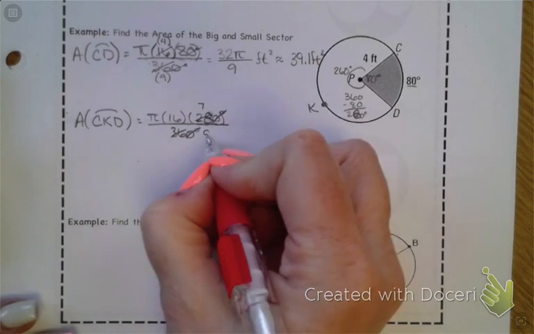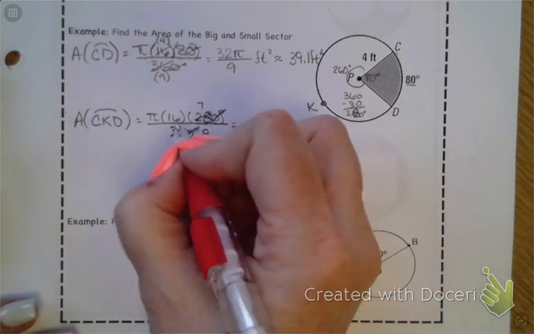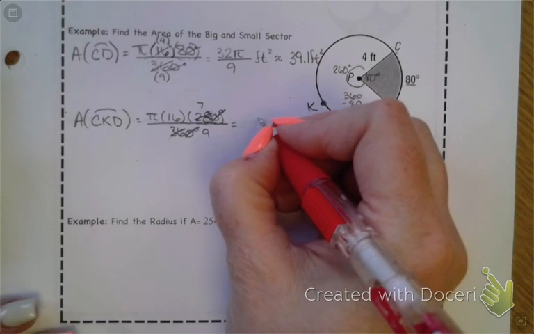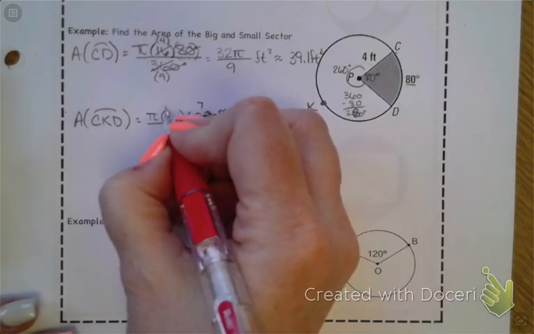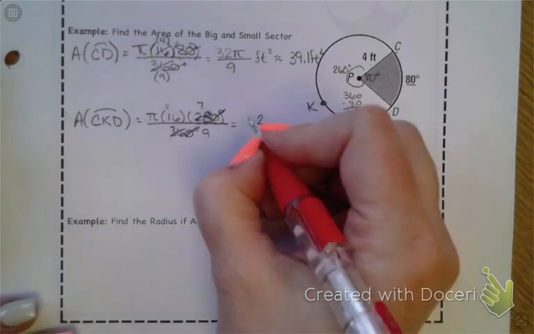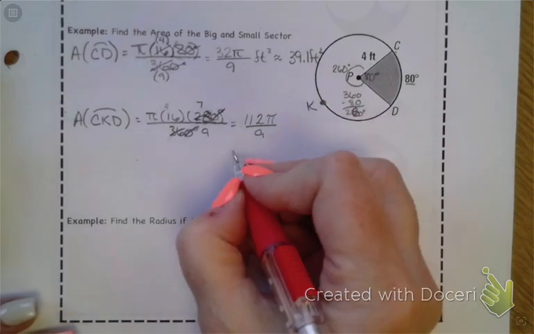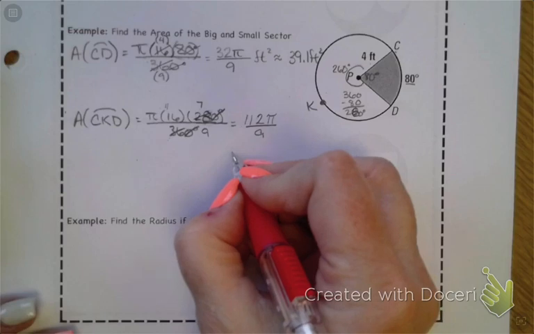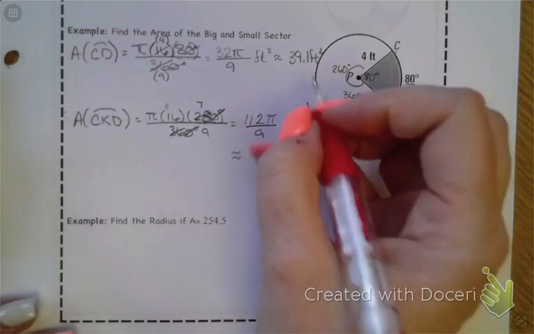So I need to take 7 times 16, so 7 times 6 is 42, so 2 carry a 4, 7 plus 4 is 11, so I have 112 pi over 9, which is going to be approximately, how about I put the right answer, 39.1 feet squared.